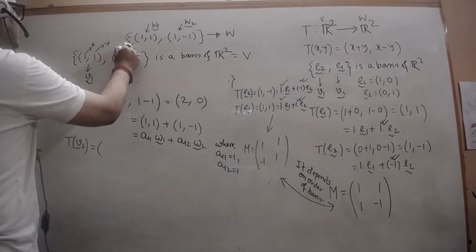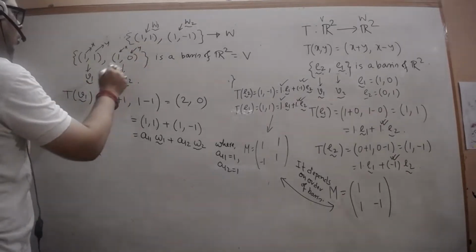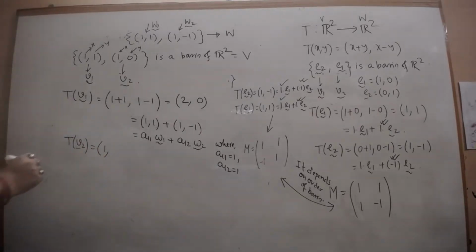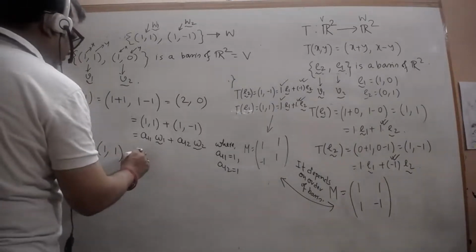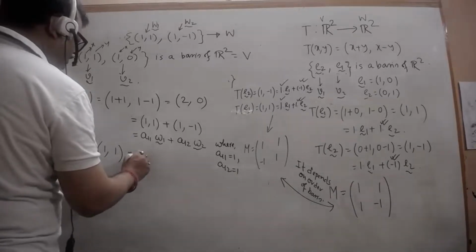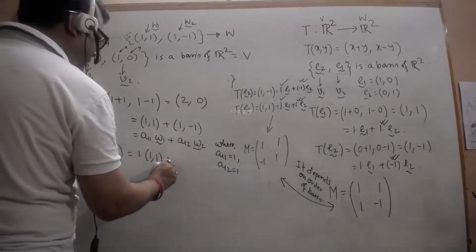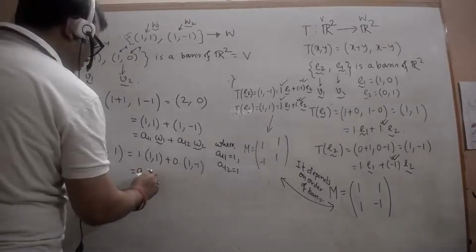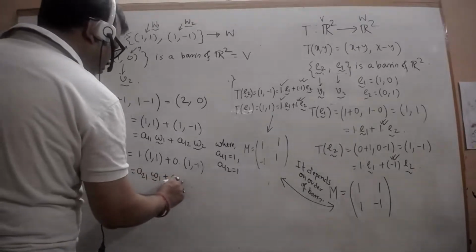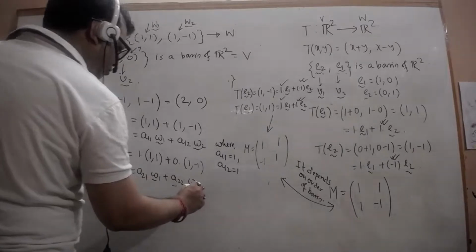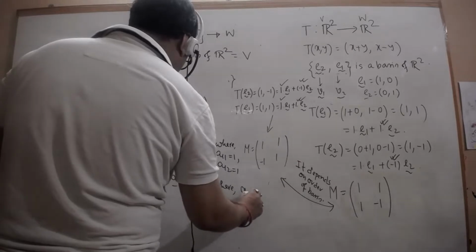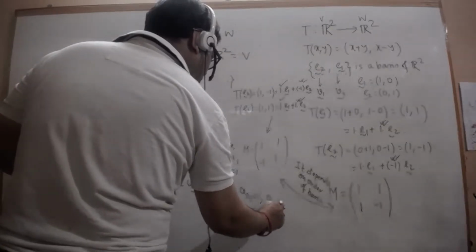This is your x, this is your y. So x plus y gives 1, and x minus y gives again 1. So this is 1 into 1, 1 plus 0 into 1, minus 1, where A21 equal to 1, A22 equal to 0.